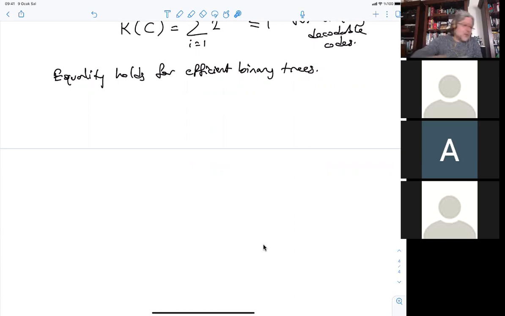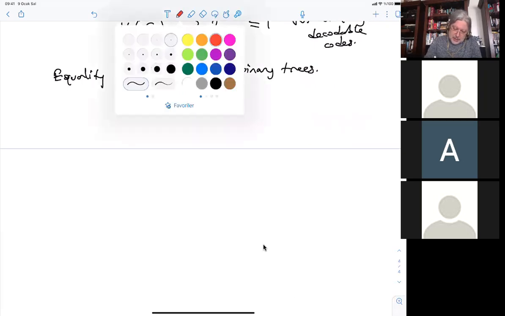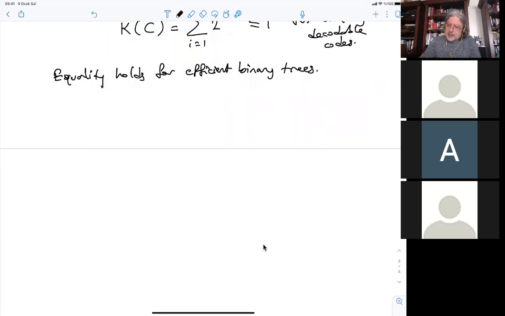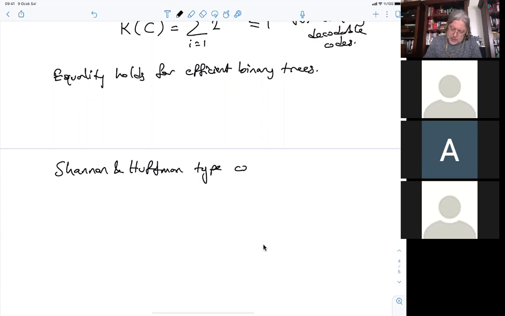Now, for the equal to 1 case, we have to look at some well-known techniques. And the first well-known technique that satisfies the Kraft vector is in the class of techniques known as the Shannon and Huffman type coders.